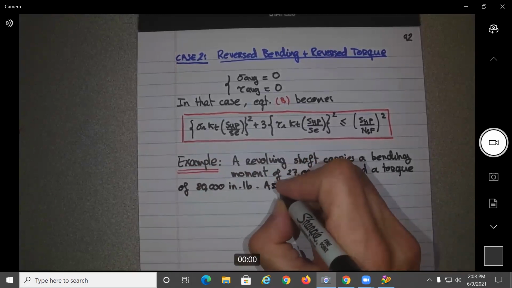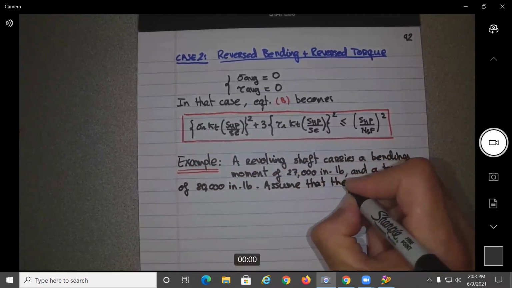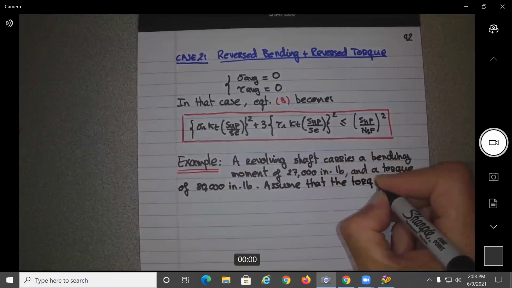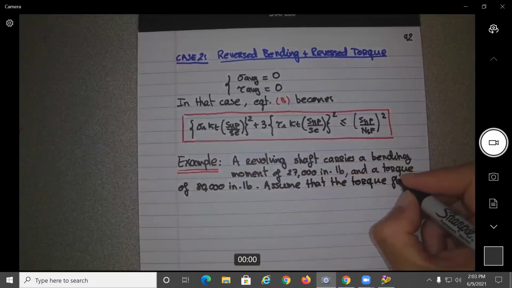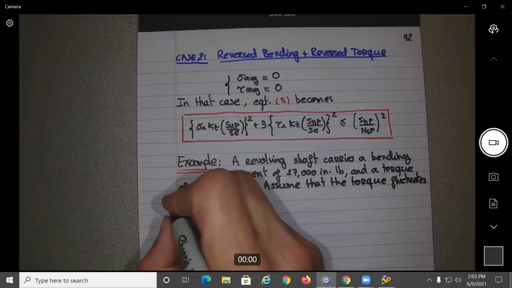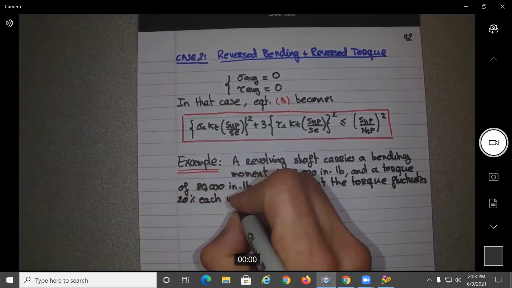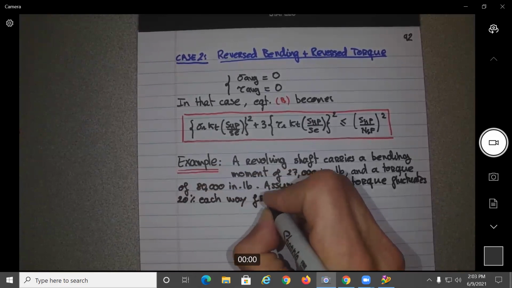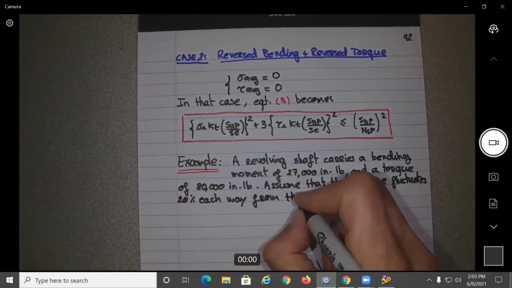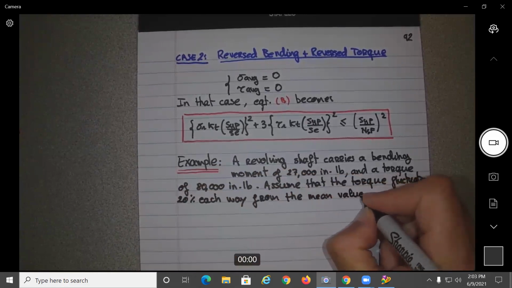Assume that the torque fluctuates 20% each way from the mean value.